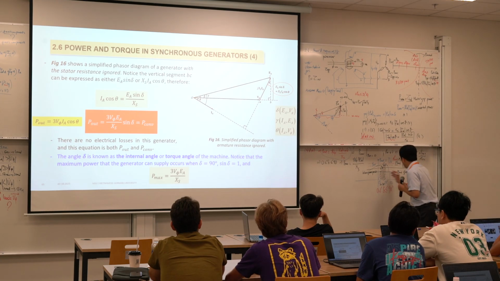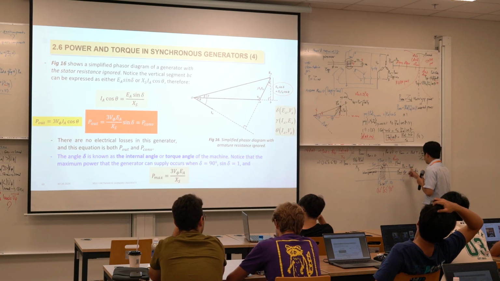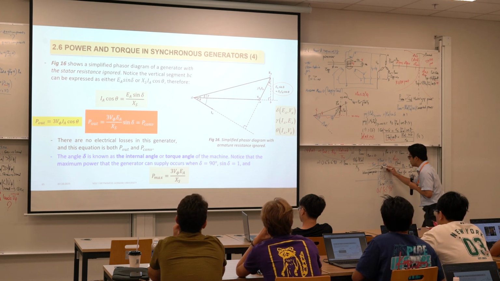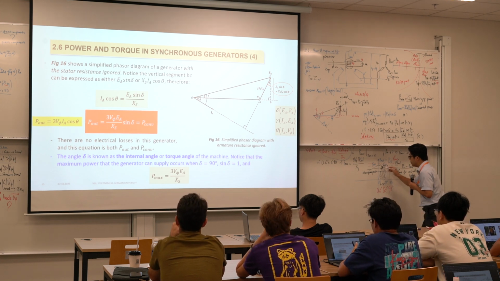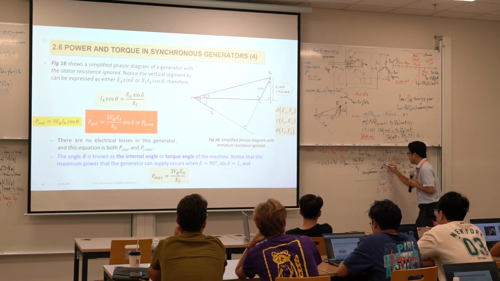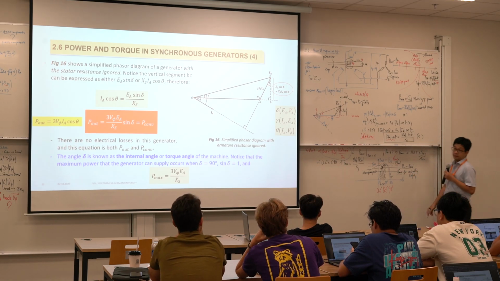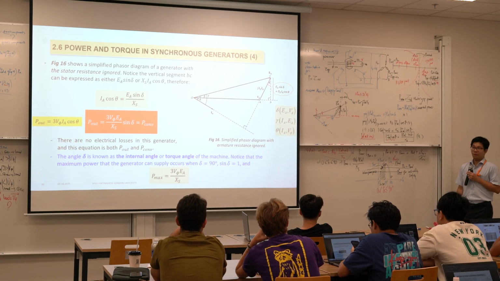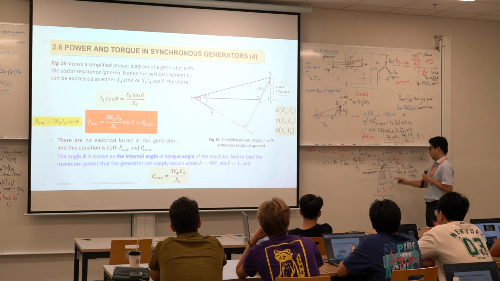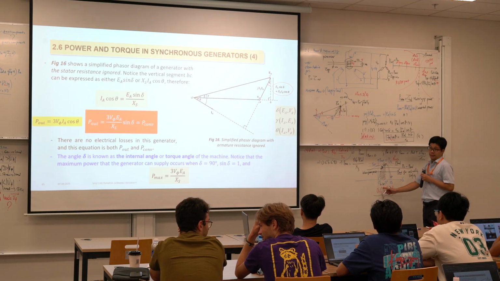If we move P load below this, we have fluctuation, and after some fluctuation, they get the balance. But if we have fluctuation and then just move down, the system is running out. So that's the reason we limit delta, normally less than 30 degrees.